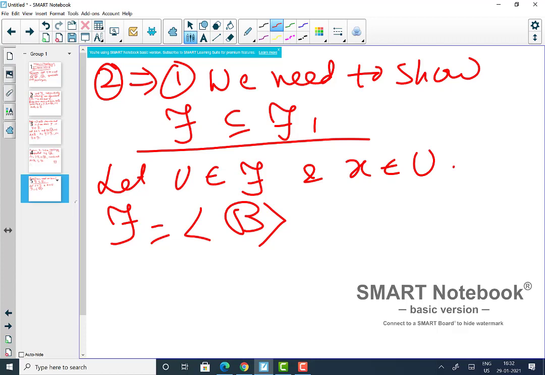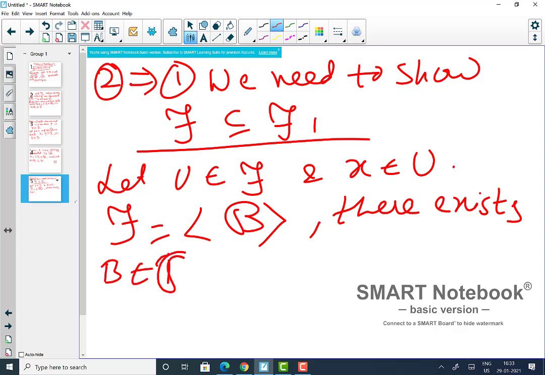That means there exists some element B of the basis B such that your x is an element of B which is inside U, right? This is by definition.